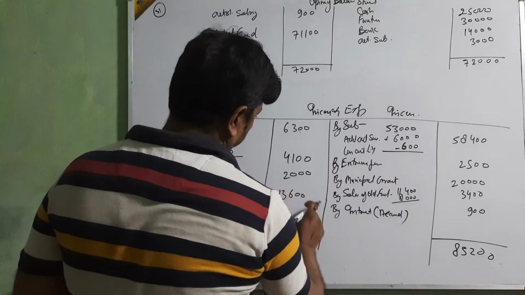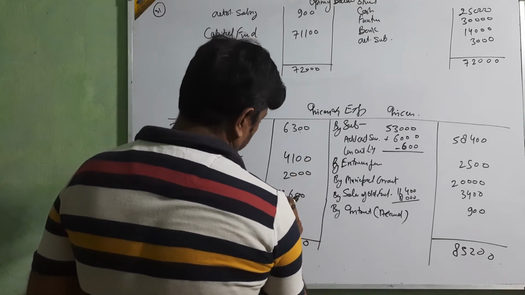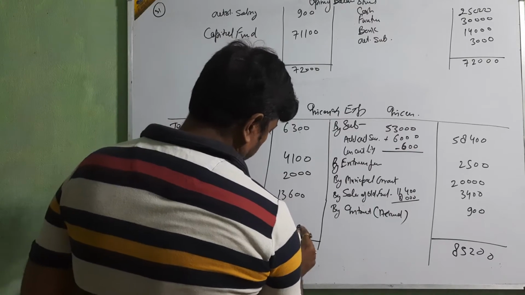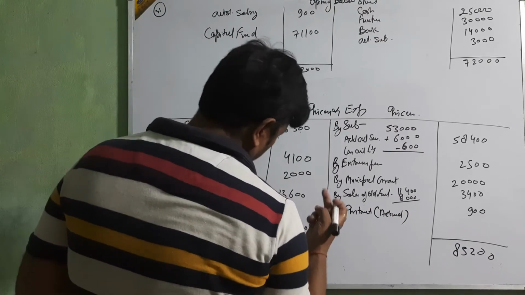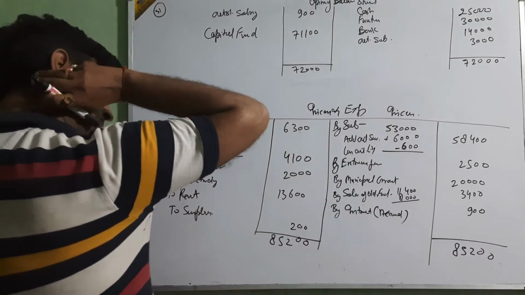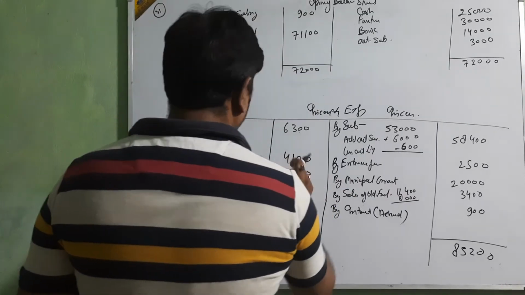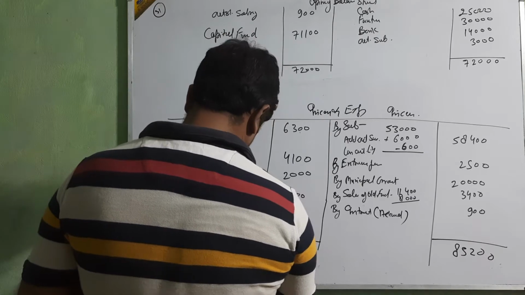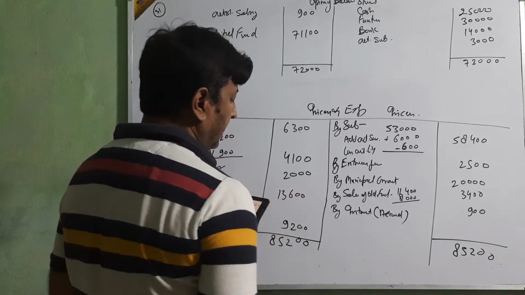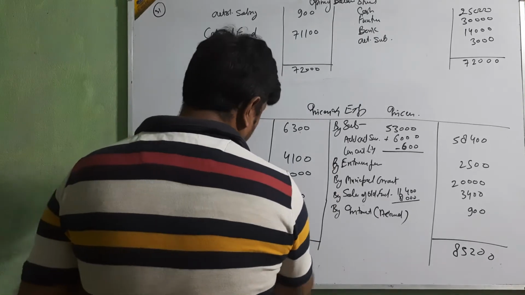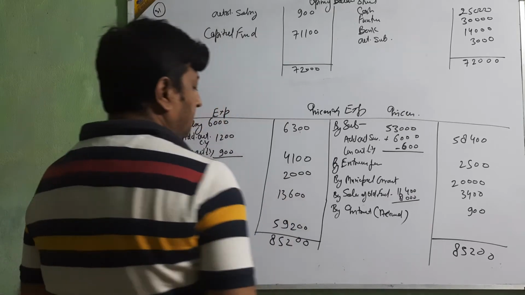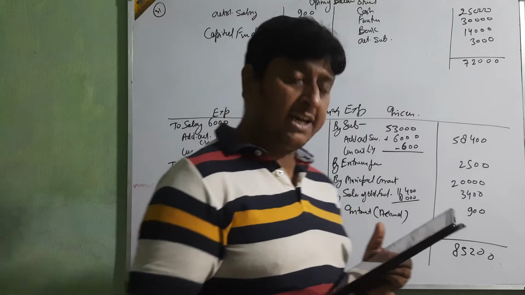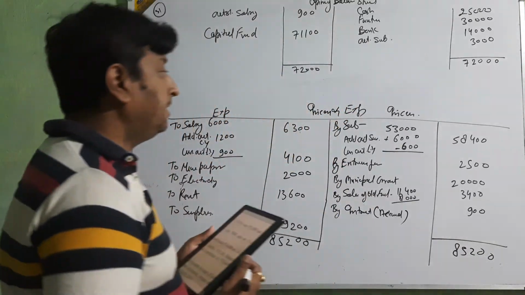Surplus, 4. 10, 200. 1, 12, 1 is remain. 10, 15, 16 and 9. 25. 2 is remain. 2 and 1, 3, 5. 59,200. Just see, it's 59,200. Okay, it's coming 59,200.